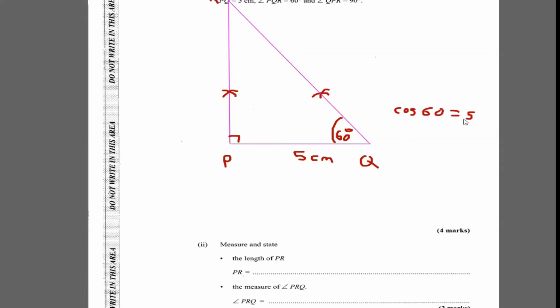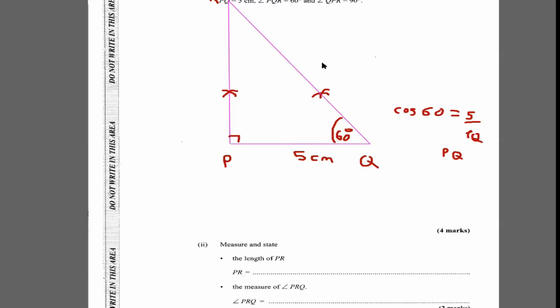And so you can find PR's hypotenuse: you interchange that, and so it should be 5 over cos 60, which is 10. So the hypotenuse should be 10.